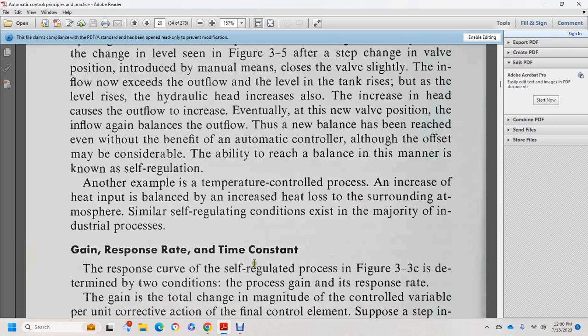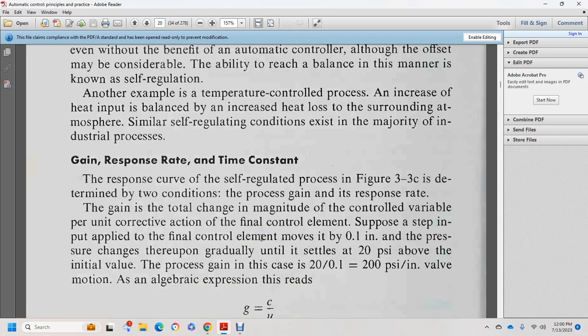This is the majority of industrial processes: the gain, the response rate and the time constant. The response given by the self-regulated process in figure 3.3c is determined by two conditions of the process: gain and response rate. The gain is the total change in the magnitude of the control variable per unit of corrective action by the final control element. Suppose a step input is applied to the final control element, moved by 0.1 inch. Pressure will gradually change until it settles at 20 psi above the initial value.